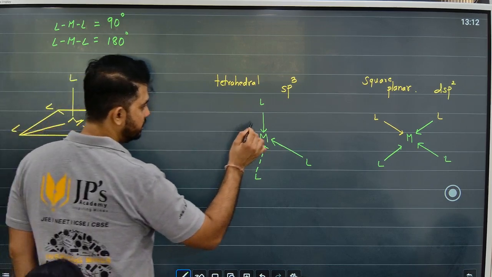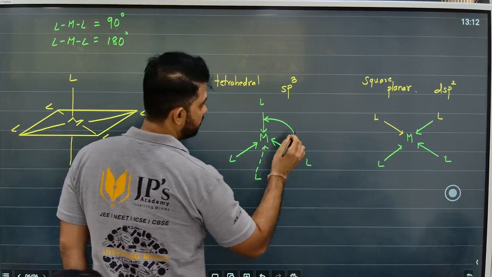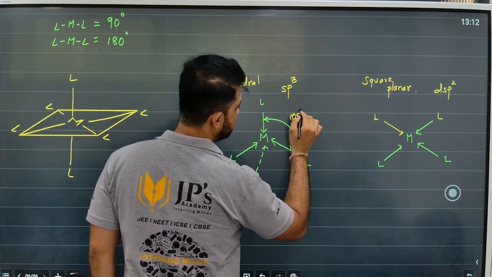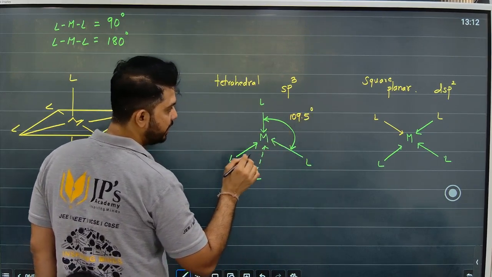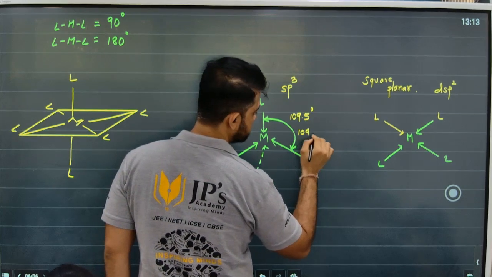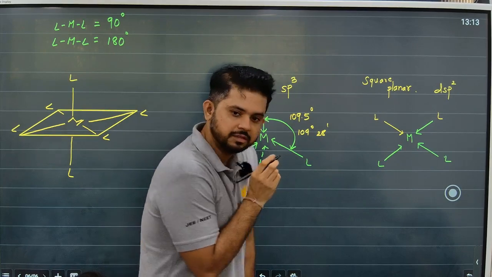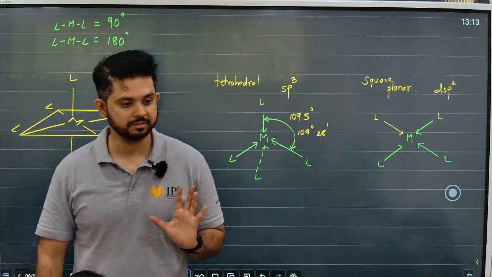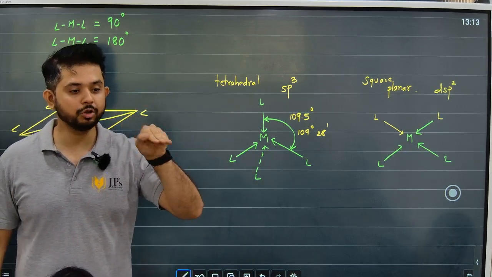What is the angle here? 109.5. 109 degrees 28 minutes. याद है? थोड़ा liberty है. To form this, hence they are not approaching along the axis.